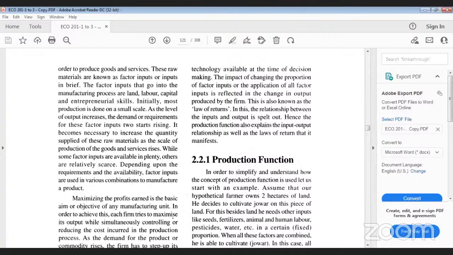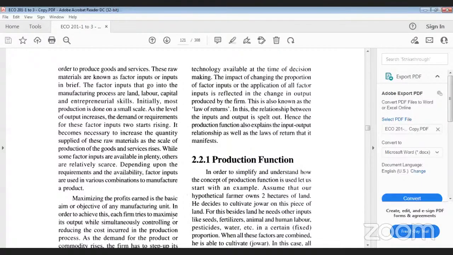In order to achieve this, each firm tries to maximize its output while simultaneously controlling or reducing the cost incurred in the production process, as the demand for the product or commodity prices rise, and the firm has to step up its technology available at the time of decision making on the impact of changing the proportion of factor inputs.